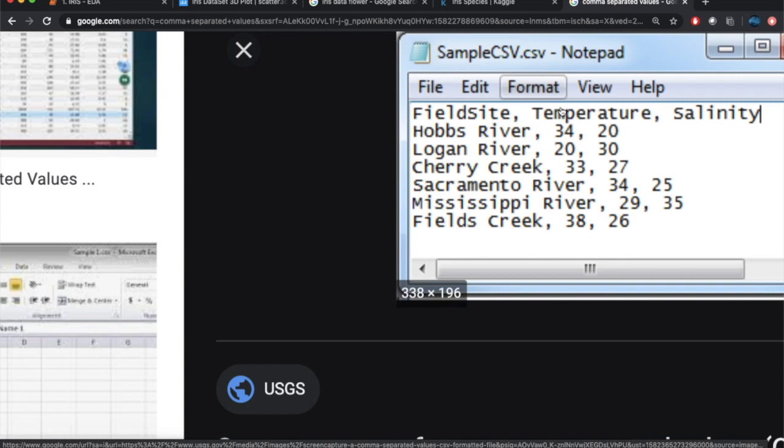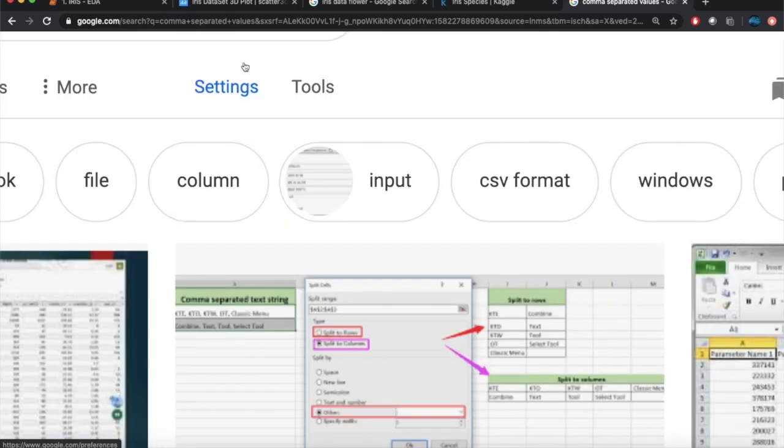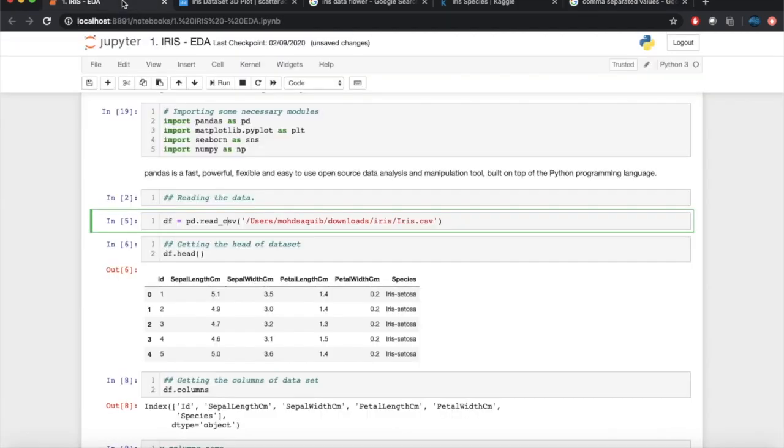So you must be understanding how our data is stored in a CSV file, that these are separated by a comma. These datasets, sepal length, sepal width, all are separated with a comma. So using pandas we can read the CSV file. We have read it here and stored it in df. I'm using df, you can use any other word. Let's say we use our data. Okay, no, let it be df only, data frame.